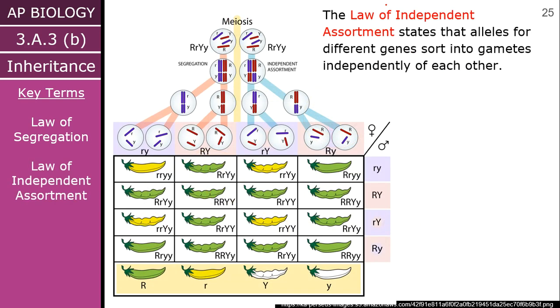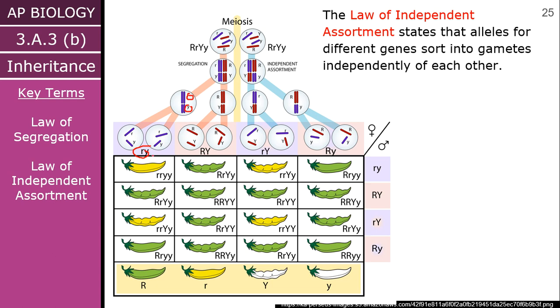Okay. The law of independent assortment basically just says that, hey, your little r can combine with a big Y, or your big Y could combine with a big R. It doesn't matter. Okay. So just because you passed this little r doesn't mean you had to pass the big Y. It'll happen sometimes. That's what happened here.